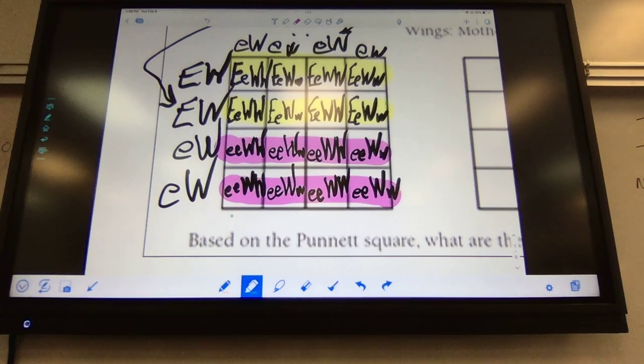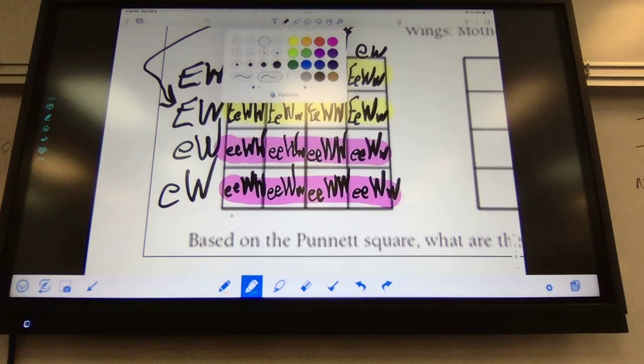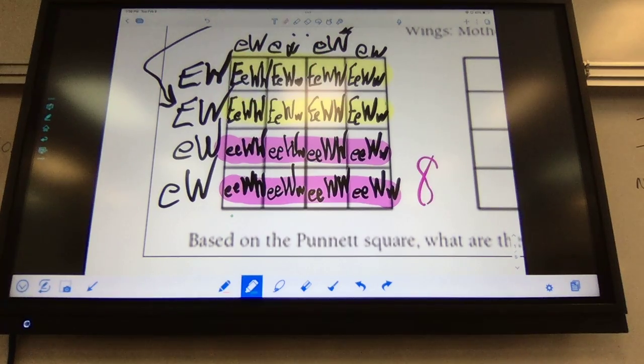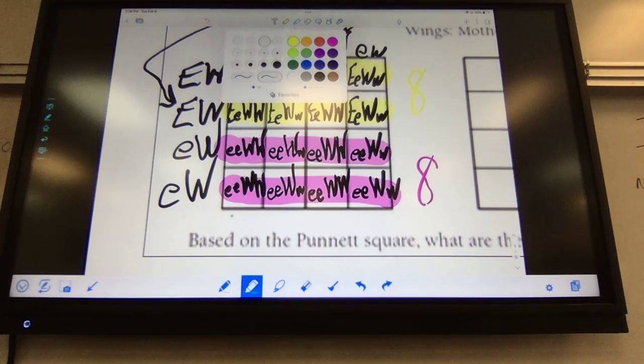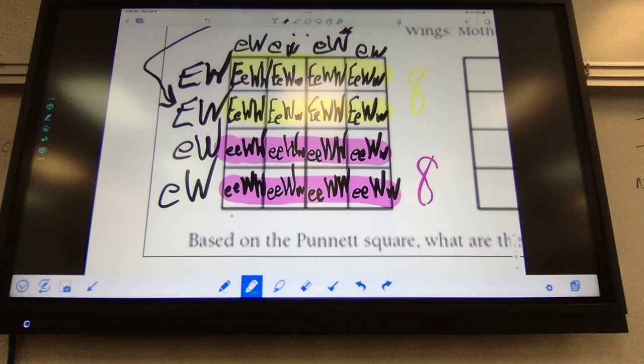So as complicated as that looks, the phenotype ratio is 1-to-1. That means 8 are that, and 8 are that. So that gets simplified to a 1-to-1 ratio.